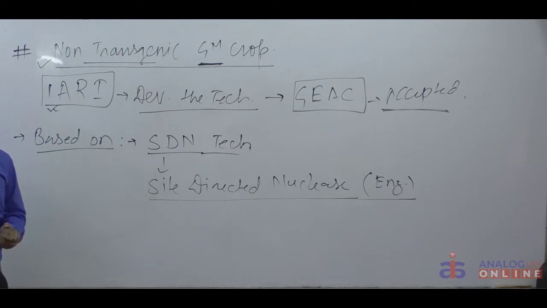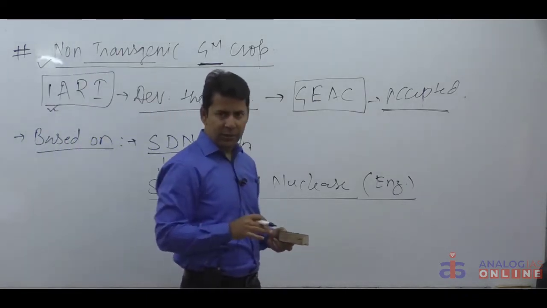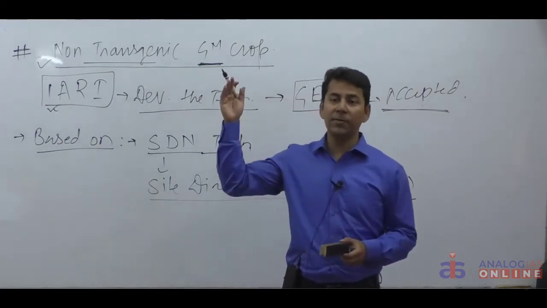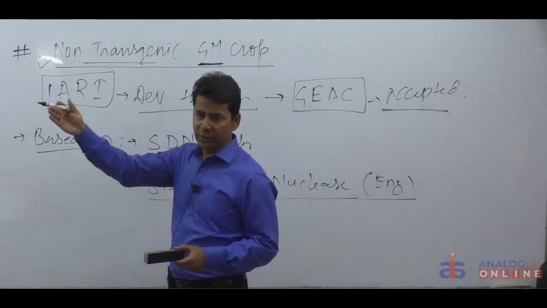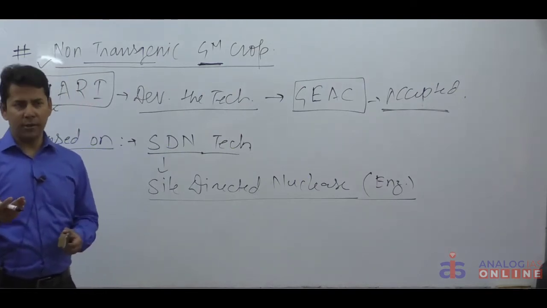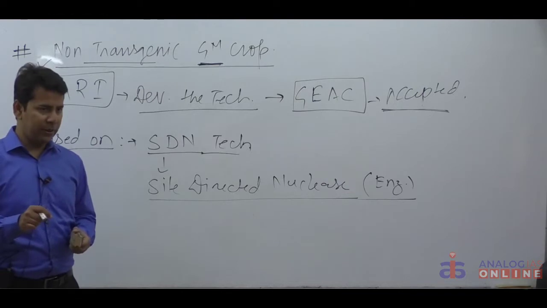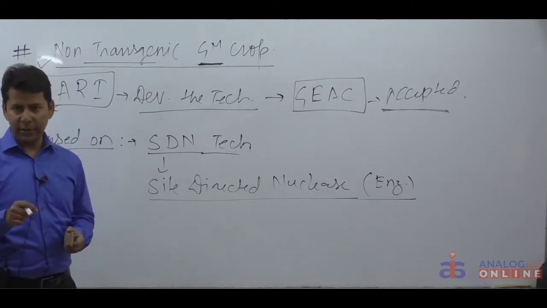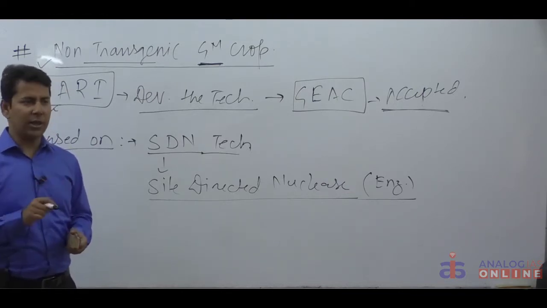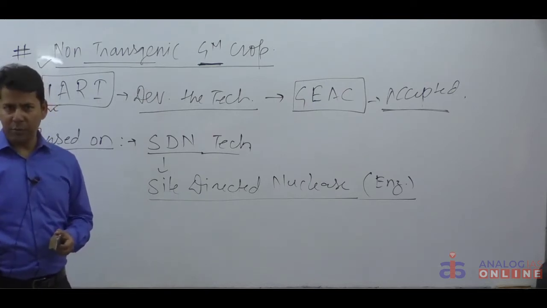And genetic modification can be of two types from this point of view. One is called transgenic, where you transfer a gene from an unrelated species to a particular species, right? Like we all know BT cotton. So the Bacillus thuringiensis gene has been transferred to the cotton plant. That is called transgenic. But if you don't transfer any gene, rather you just cut a gene out, then it becomes non-transgenic. You get my point?